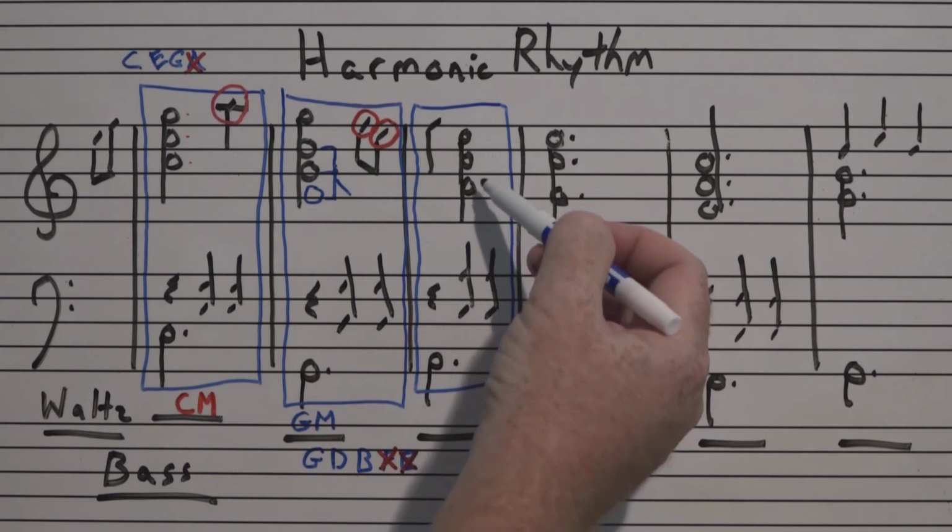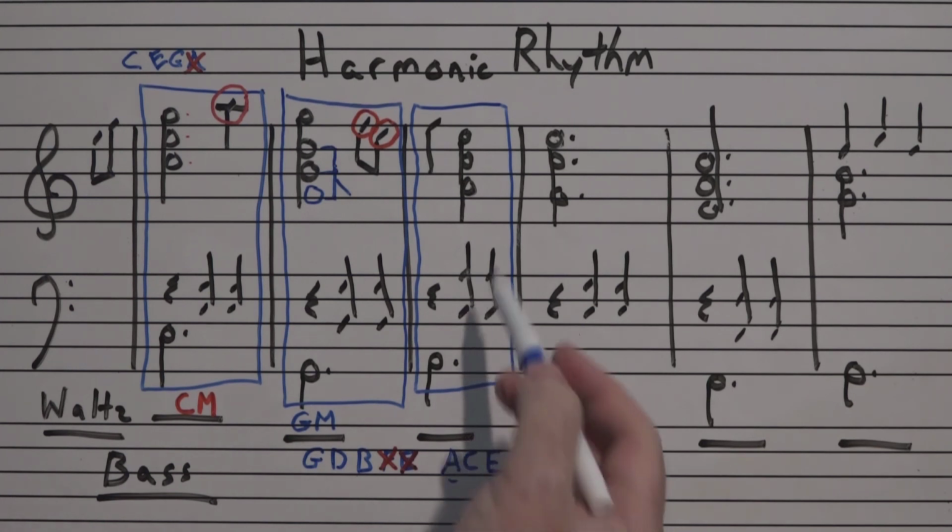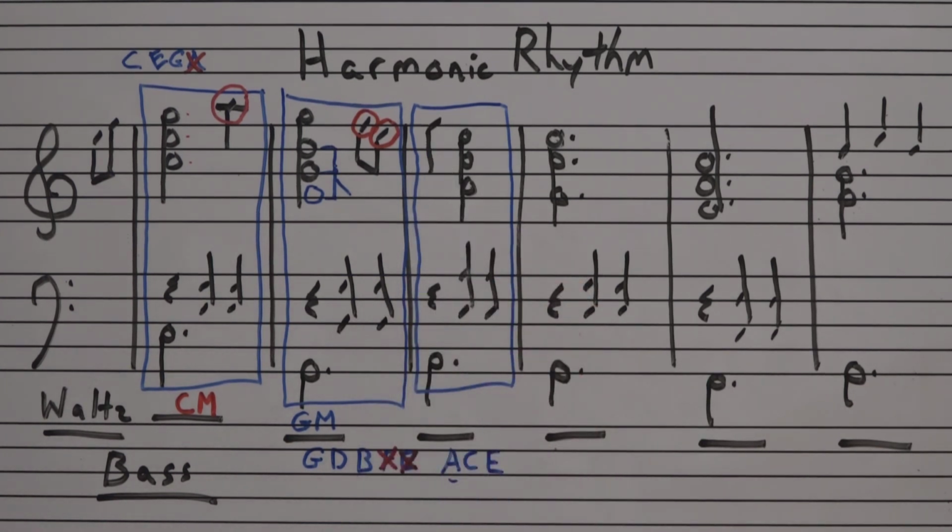So let's run with that. Let's think we have an A, a C, and an E. Well, A is also the bass, so we know that's going to be very important. We have one other note, which is an F, but it's only sounding for one beat and then disappears.